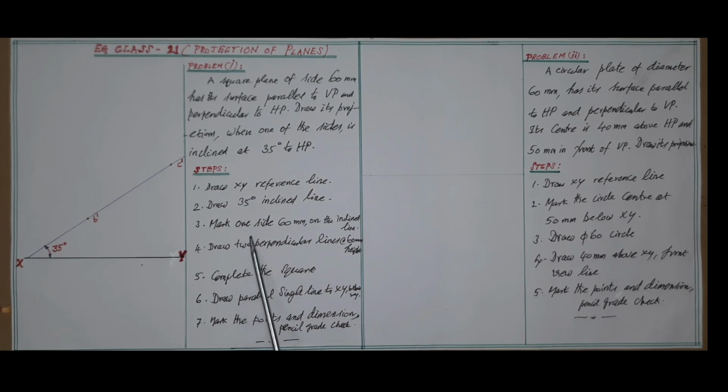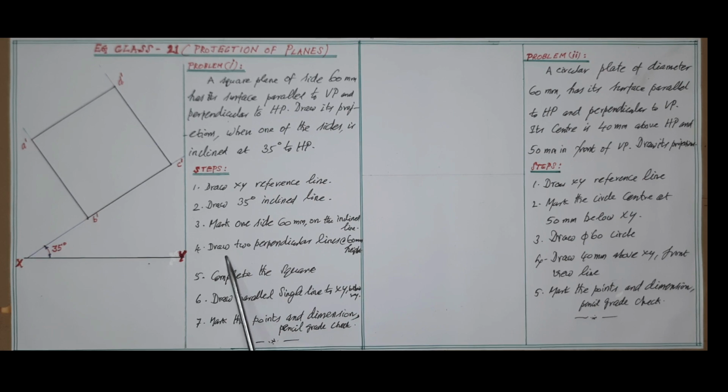As per step 3, in the inclined line, first mark the 60 mm length at any place as one of the sides of the square, and it may be mentioned as B dash C dash, because the other two corners may be mentioned as A dash and D dash. This dash is maintained because the front view falls on the vertical plane.